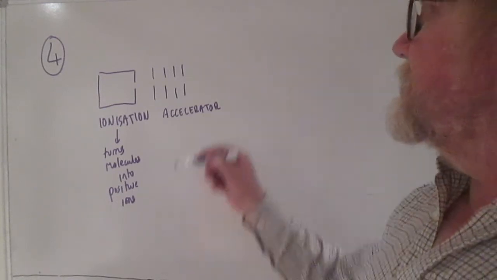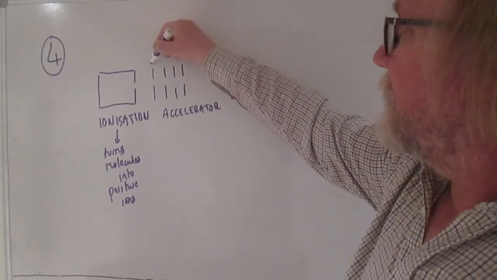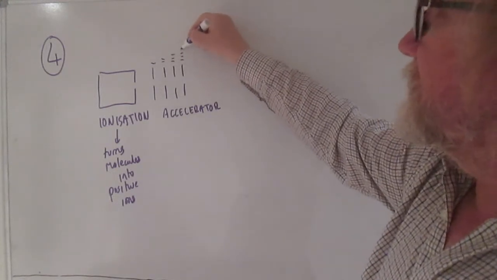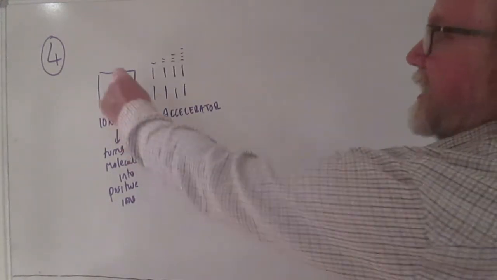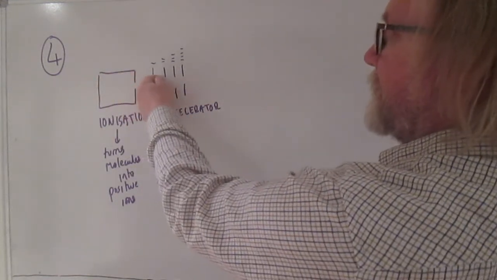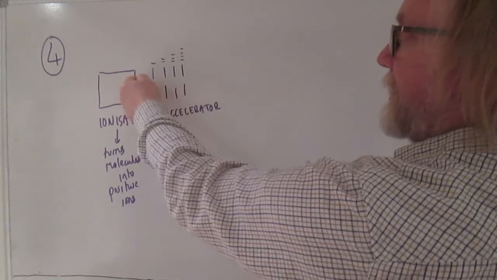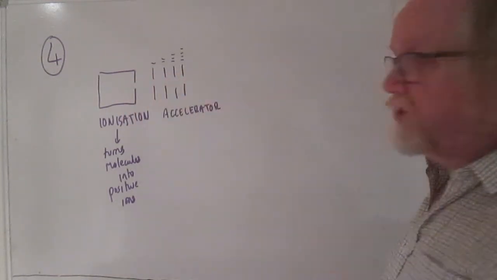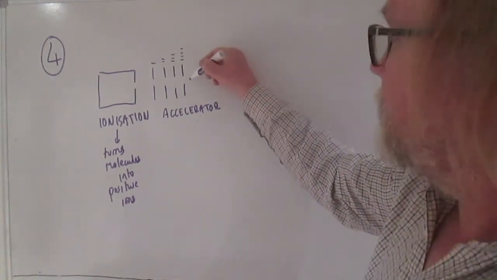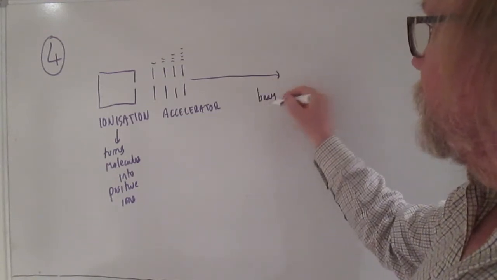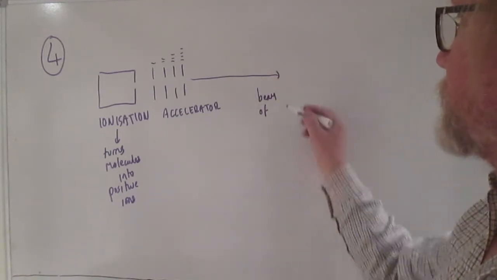And the idea is that you put increasing negative potential here, and that's obviously going to attract these positive ions out of there, and as they move through this electric field, moving towards increasing negative charge, they're going to be accelerated. So what emerges from here is a beam of positive ions.